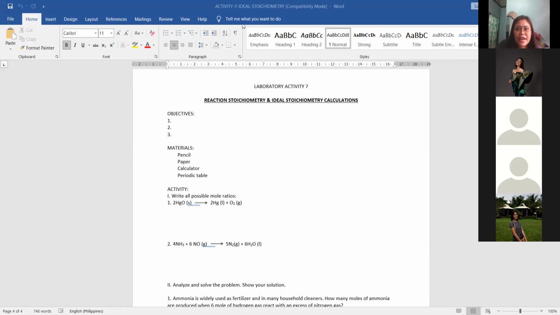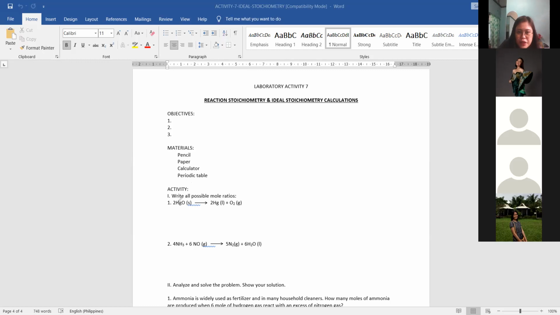So, before you can identify all the possible mole ratios, you have to ensure that you have balanced the chemical equation. So, just like sa activity natin, I have given you a chemical equation. You have to see first na balanced siya before tayo mag-conclude or mag-answer ng lahat ng possible mole ratios natin. So, just like this one, let's check.